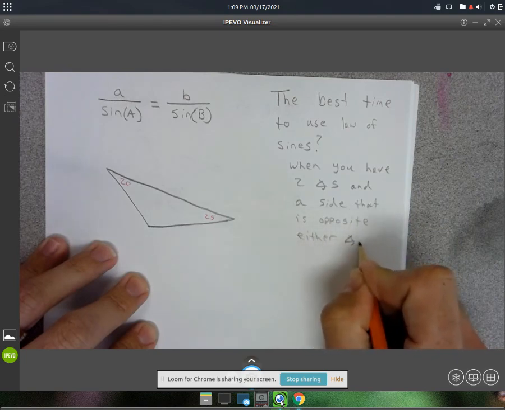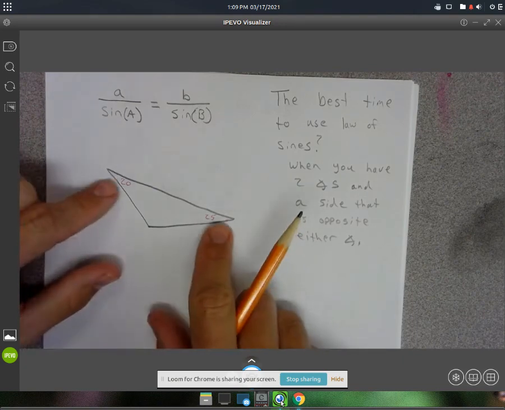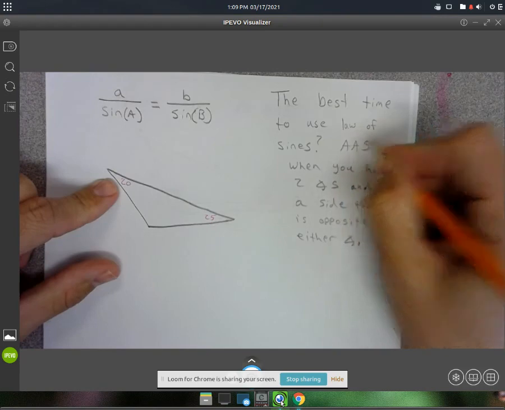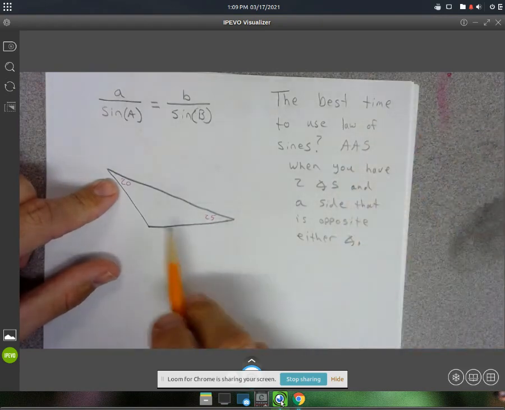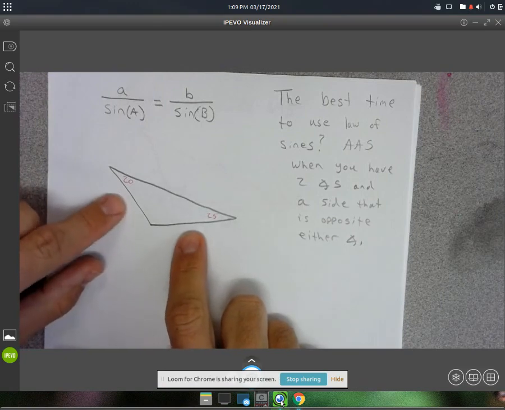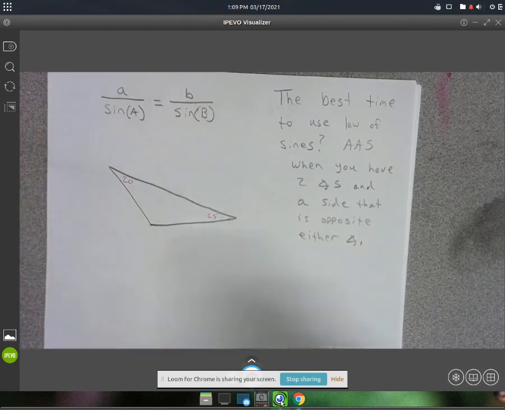We're going to do some examples in a little bit where we're actually solving for an angle, but the easiest time is whenever it's angle, side. When you have two angles and you know either one of the sides across from those angles. So let's give ourselves an actual side length here.